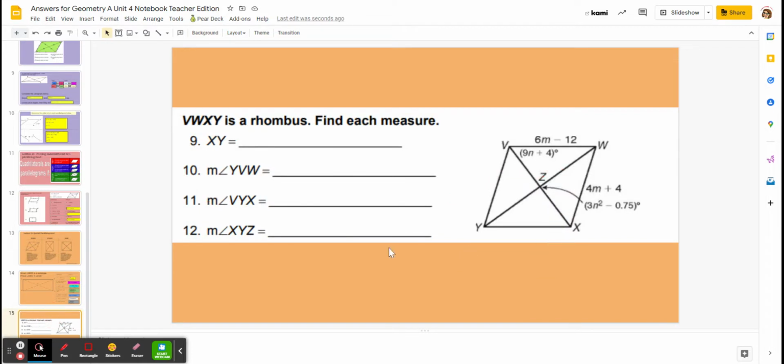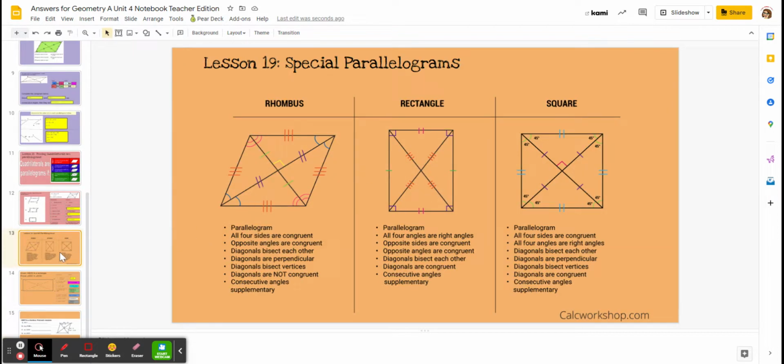All right. And finally, we're going to look at slide 15, which deals with some rhombus. Let's take a moment, look back at rhombuses here on slide 13. Remember, they are parallelograms. All four sides are equal. Opposite angles are congruent, just like a parallelogram.